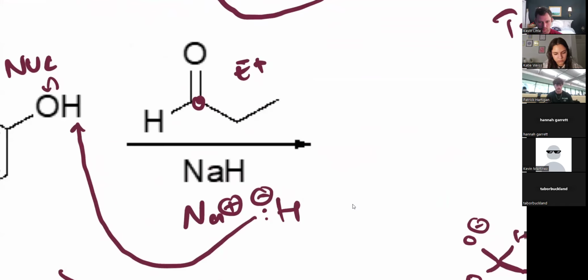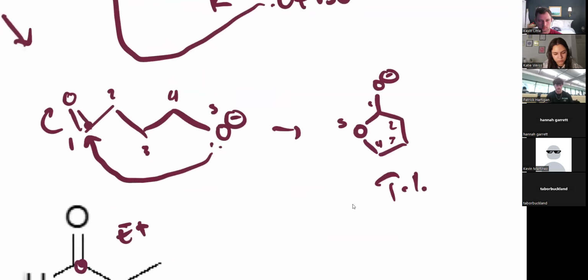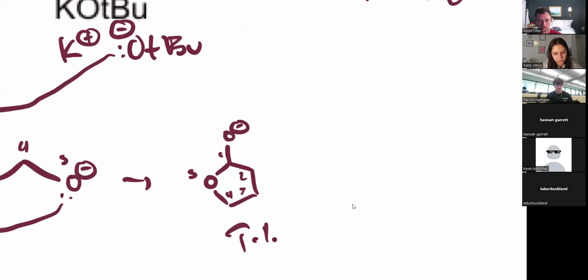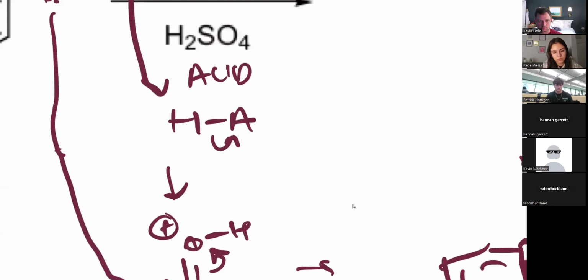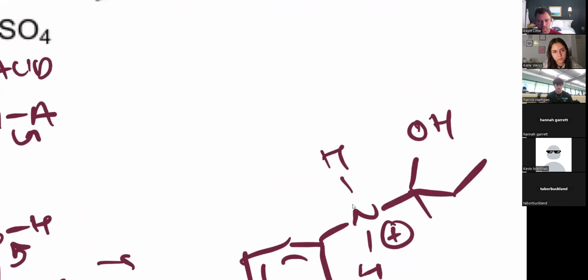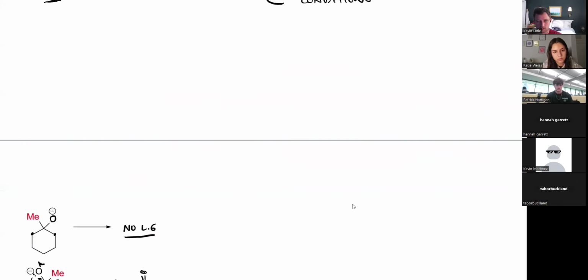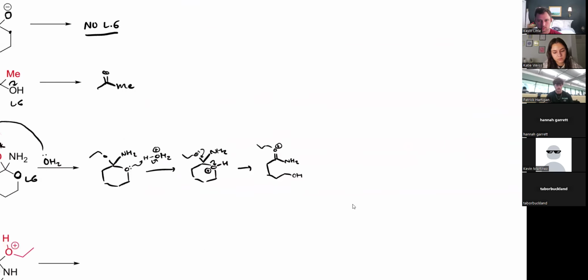There's a base here. When we get to the tetrahedral intermediate, there's a negative charge. There's a base here. When we get to the tetrahedral intermediate, there's a negative charge. There's no tetrahedral intermediate for this one. There's an acid here. When we get to the tetrahedral intermediate, there's a positive charge. So that's just a trend. That's always there. So yes, acidic conditions.